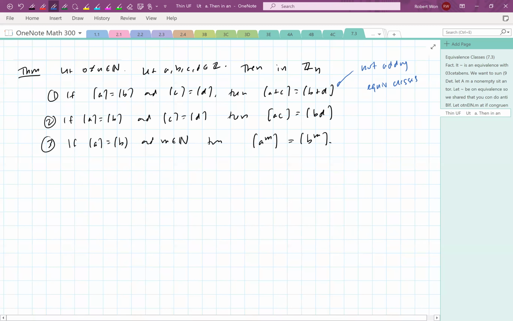All I'm doing is adding integers. I'm adding A plus C as integers and then looking at their equivalence classes. All the equalities here, these are not congruence modulo n. These are just equalities of sets. This is equality of sets.